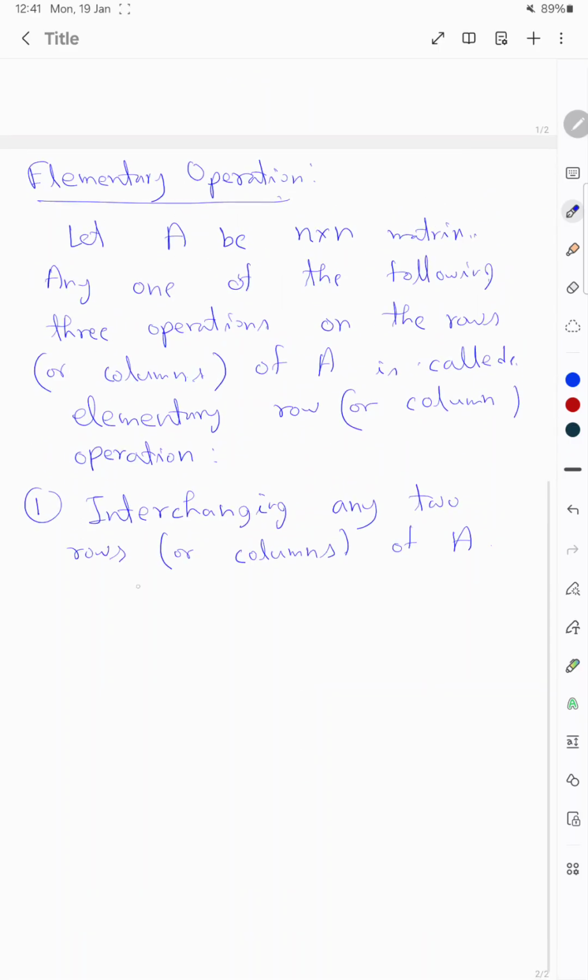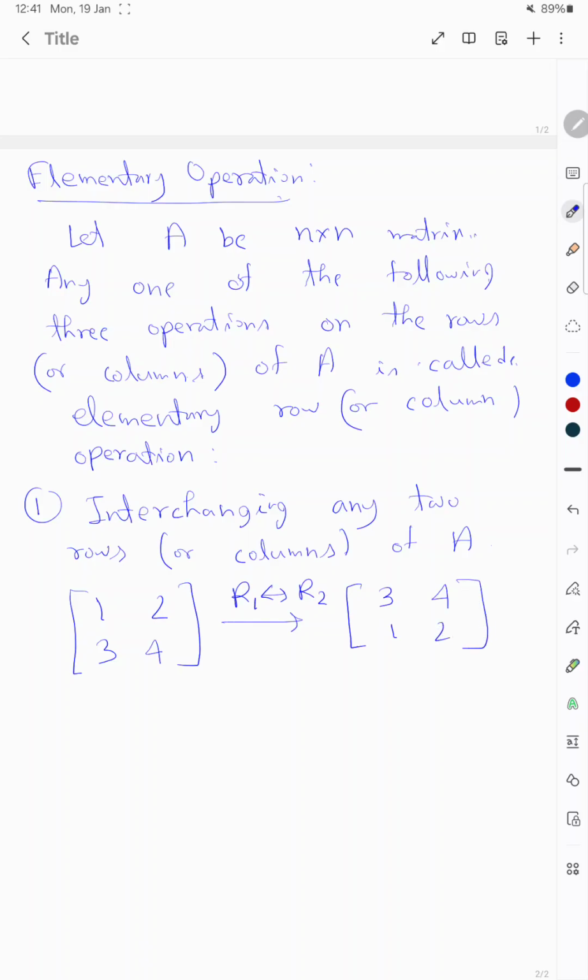Okay, what are these types? Suppose you have 1 2, 3 4. Suppose you want to change this operation. For example, if you write r1, you want to change with r2. So basically then your first row will be your second and second will be your first. So this is the type.